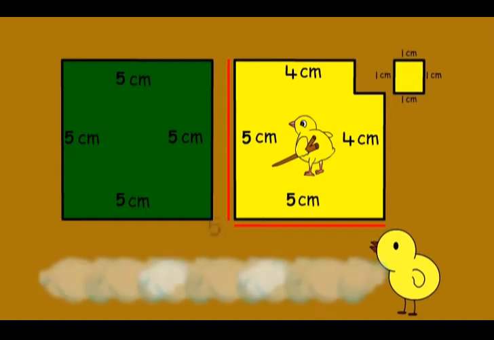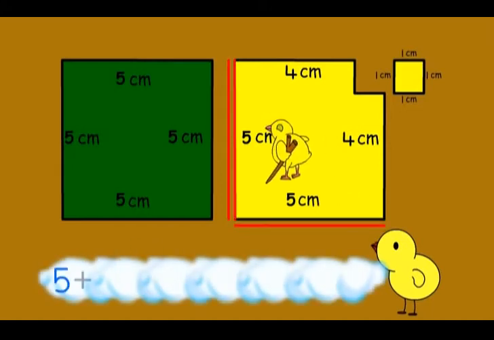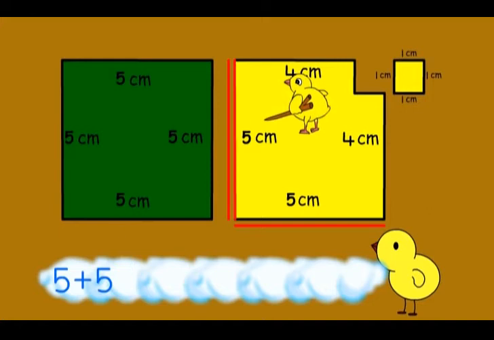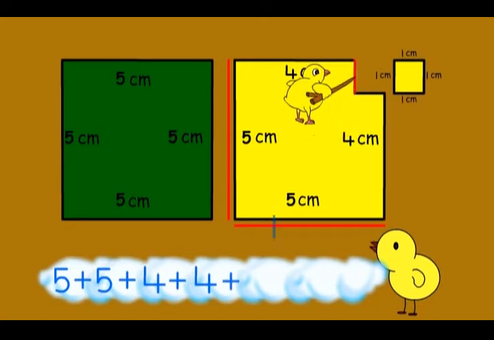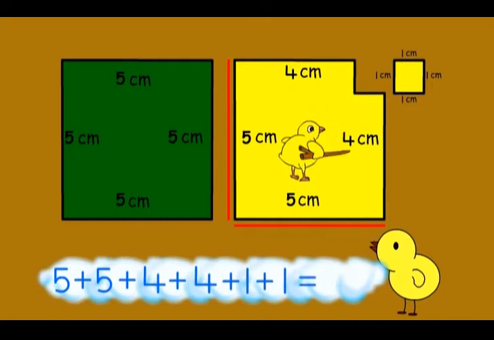This is 5 plus 5 plus 4 plus 4 plus 1 plus 1, which is 20. So the lengths of the boundaries of both the green and the yellow paper are the same.